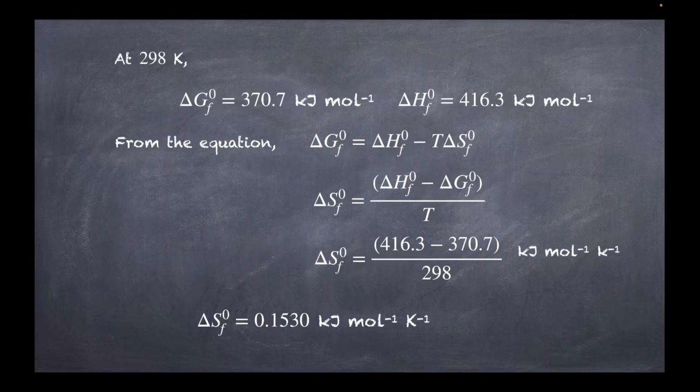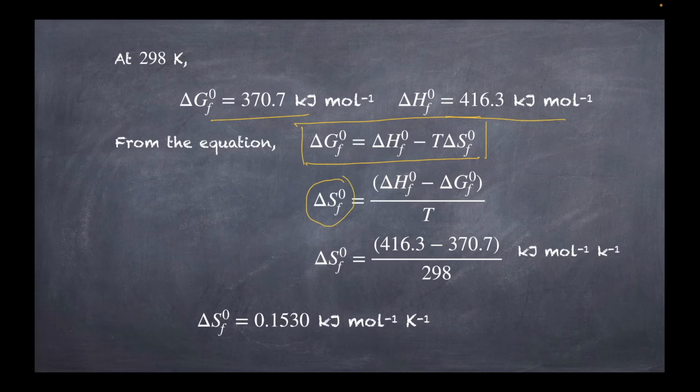Now at 298 Kelvin the delta G0F and delta H0F is given. Now using this equation, delta G0F equal to delta H0F minus T delta S0F, we can get the expression of delta S0F, that means the change in entropy for the formation.